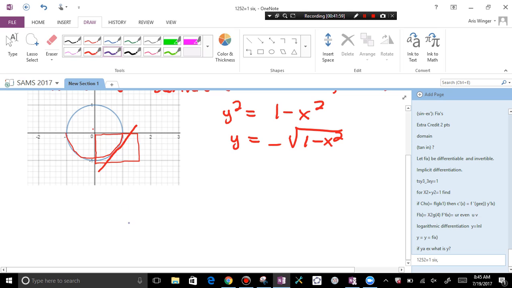Okay, so let's go through the procedure. It's x squared plus y squared is equal to 1. And we've done this so many times in other contexts, but we are going to take a derivative and use the chain rule.